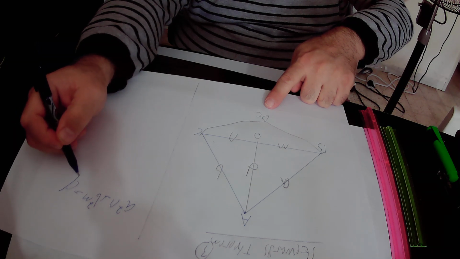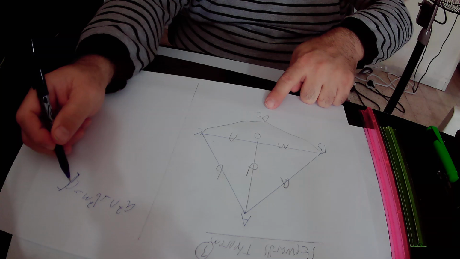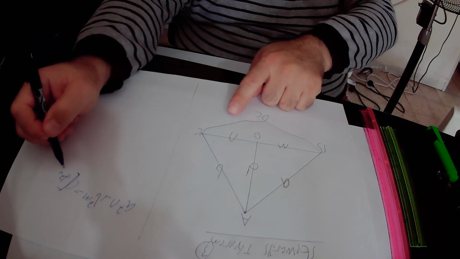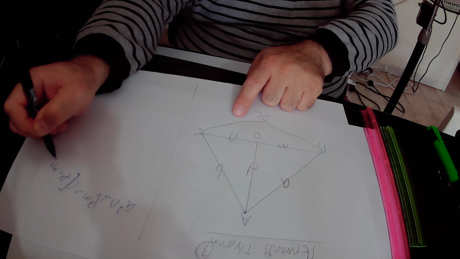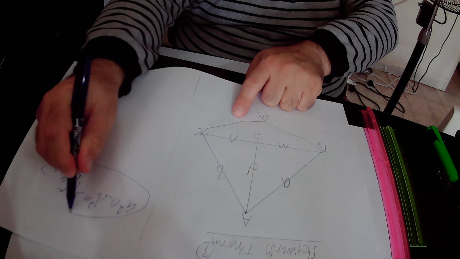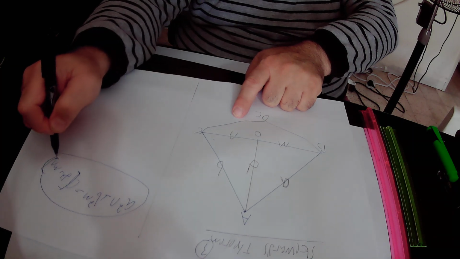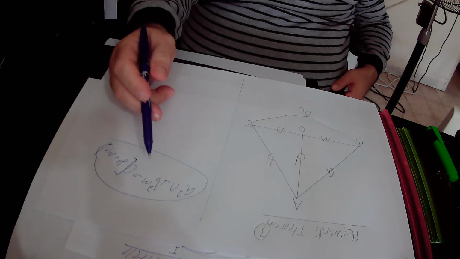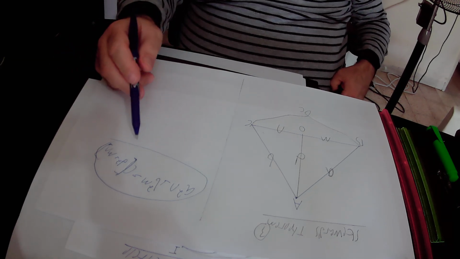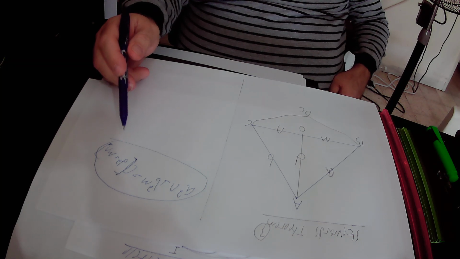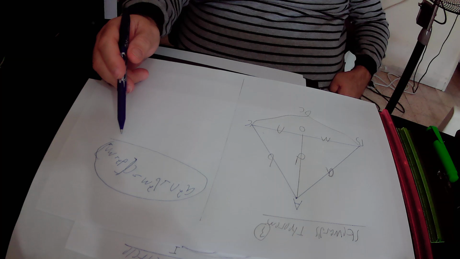Inside the brackets we have d squared plus m times n. Repeating Stewart's theorem again: in any triangle, the following equation is true. a squared times n plus b squared times m equals c, and inside the brackets we have d squared plus m times n.